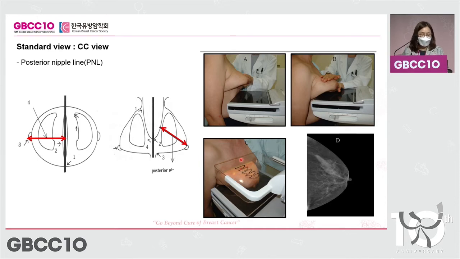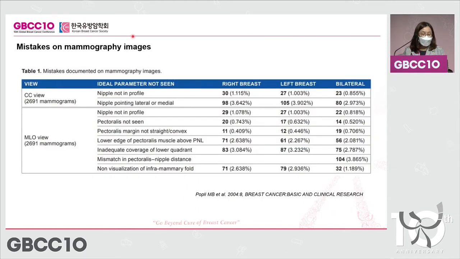We know that the compressor, when it comes down, will hurt the patient, and the patient would spontaneously like to walk back. But you will have to encourage the patient to stay still to take a good image. Because if the patient steps back, the length of this image will be shorter, and the lesions included in the part that you cannot see will not be included in the image. So you have to encourage the patient to stay still.